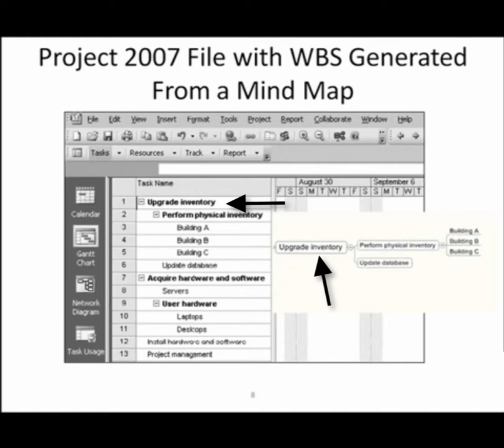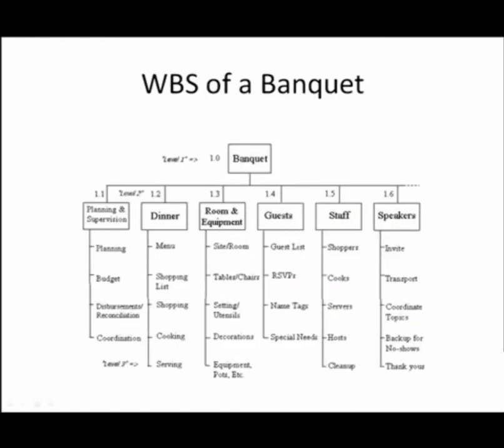Let's look at another example. In this case, it's a work breakdown structure of organizing a banquet. You notice banquet is at level 1, the very top. And then at the second level, there are, in this case, 6 major areas of work: planning and supervision, the dinner itself, room and equipment, guests, staff, speakers, and they're labeled 1.1 through 1.6.